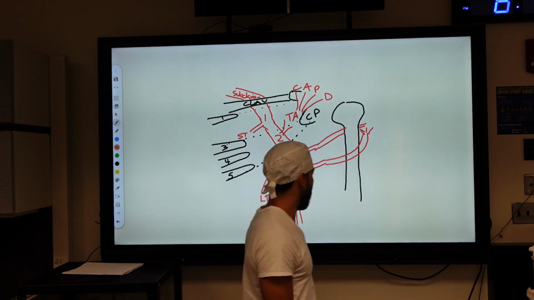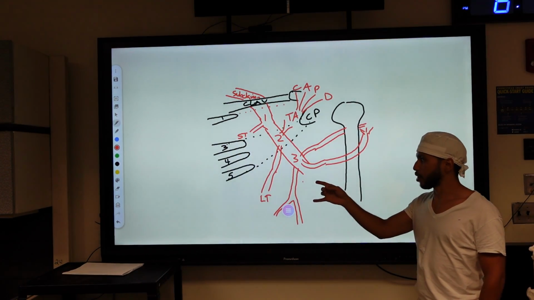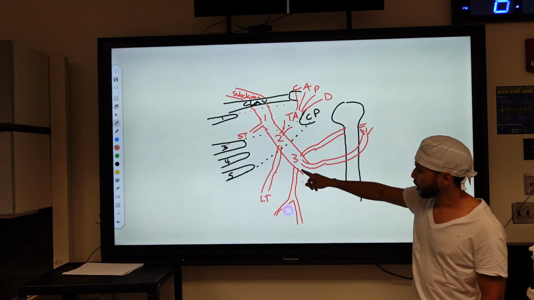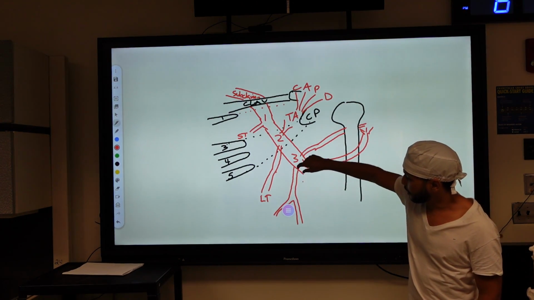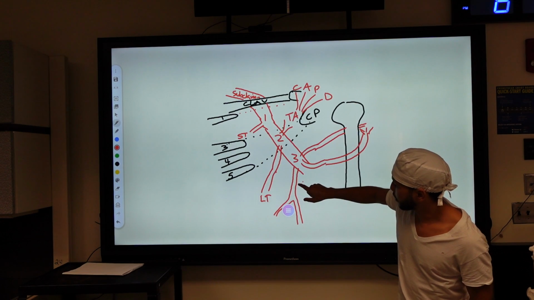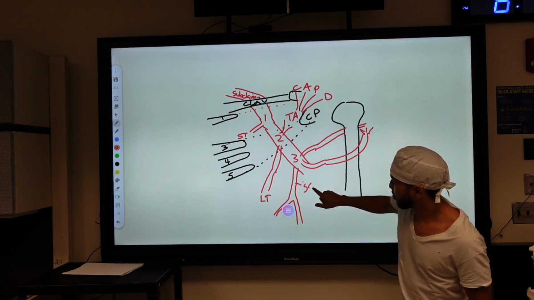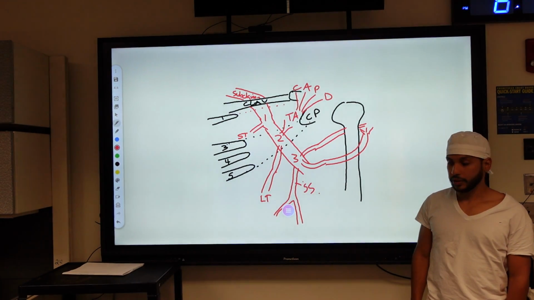Now we have the third part, right? And notice that on this third part, first of all, let's talk about this one. This third part has this big, nice artery right here. This one's called the subscapular artery, okay?